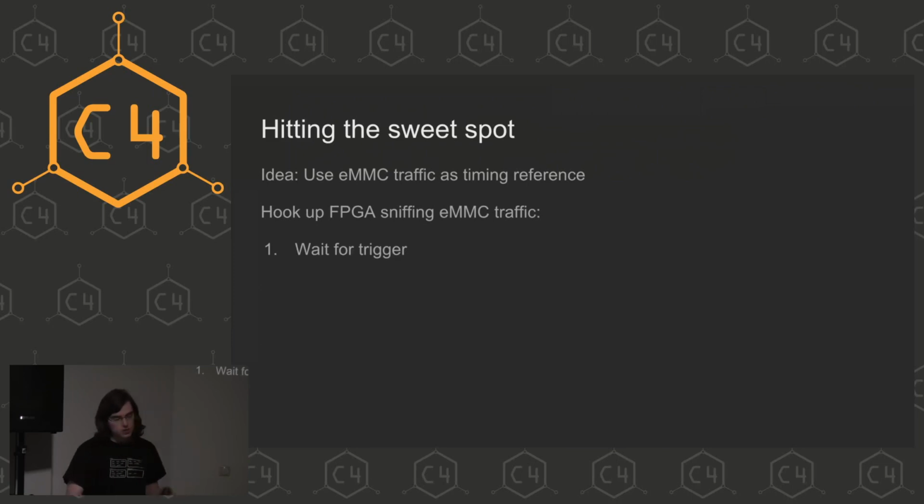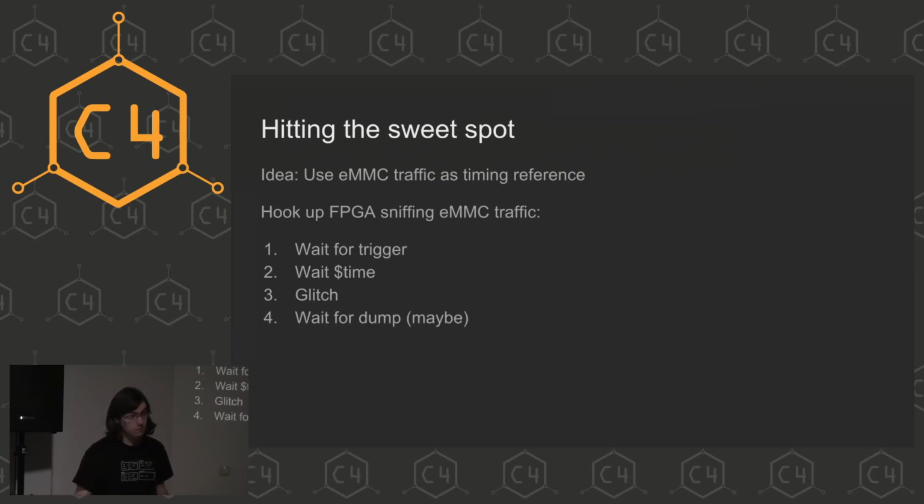So we hooked up an FPGA to do that and wrote some code to analyze the eMMC traffic. And we used the last transaction as a trigger. So we wait for that trigger, and then we wait an amount of time. After that, we glitch. So we take away the power to the chip. We wait for our code to execute or not.